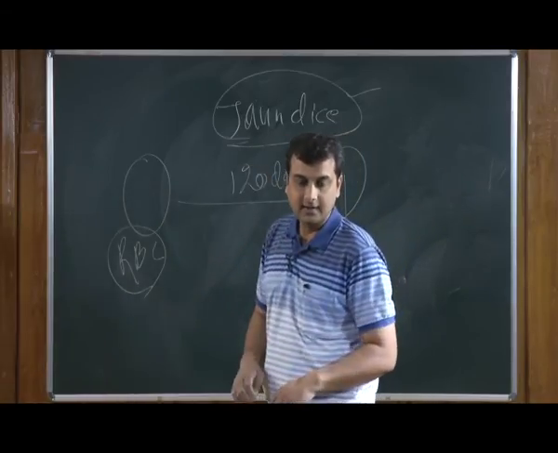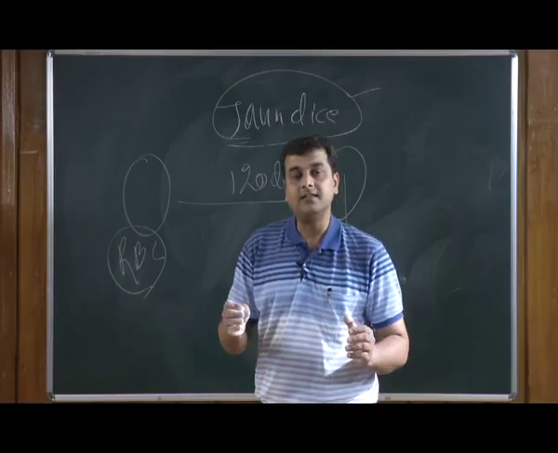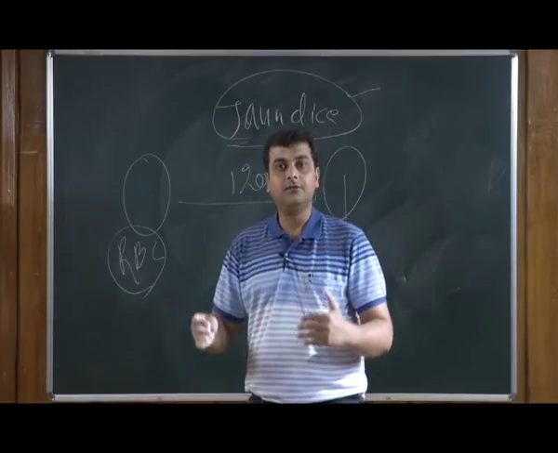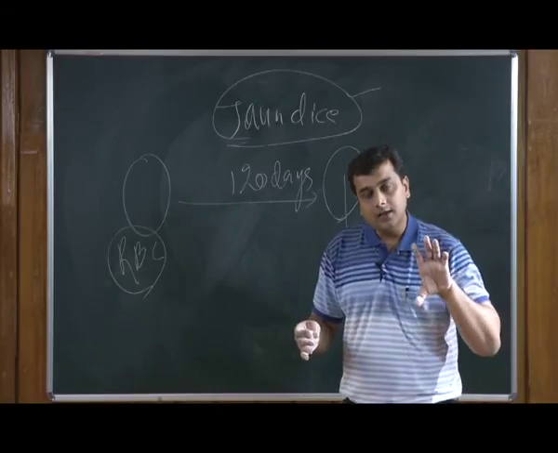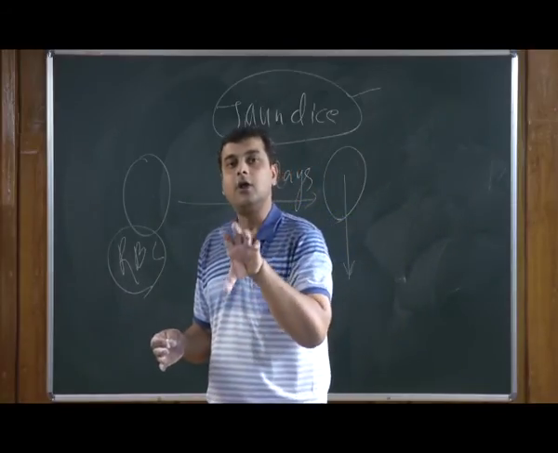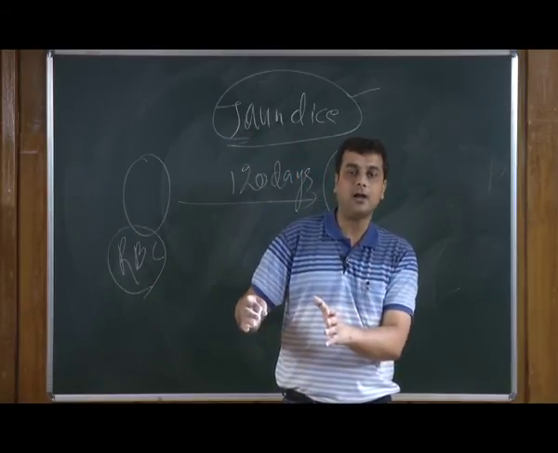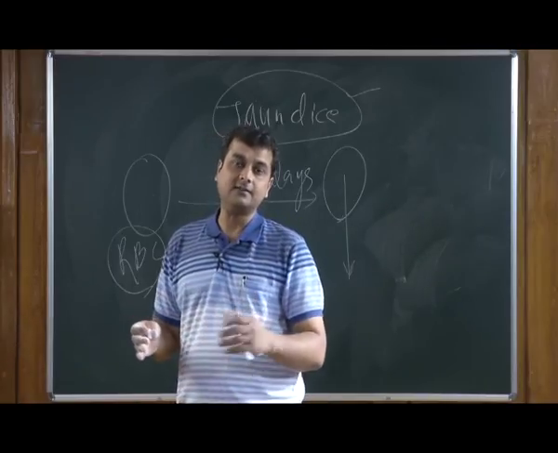Diarrhea, if you see the slide, is nothing but increased flow in the digestive system. If there is more flow, the content of the digestive system will not be absorbed properly, and the undigested food particles coming out in the form of feces will be watery.